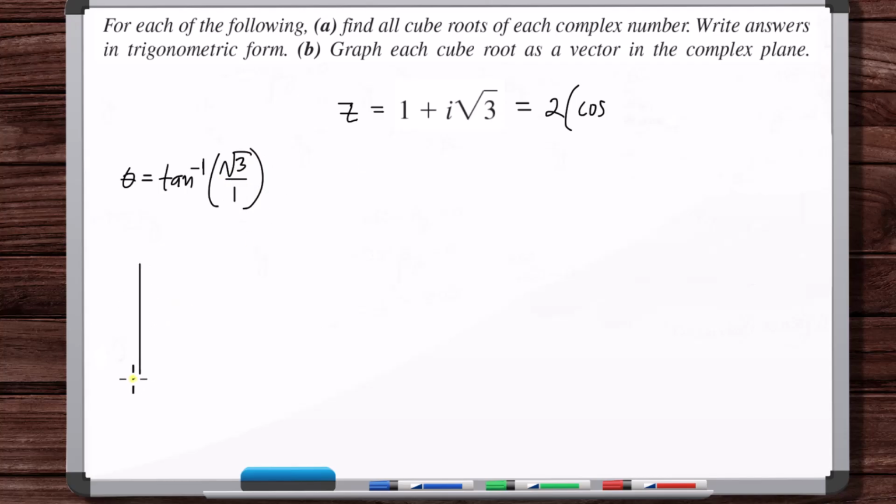In the 30, 60, 90 triangle, 1, root 3, 2, tangent of 60 is root 3 over 1. We're in the first quadrant, so the angle is 60.